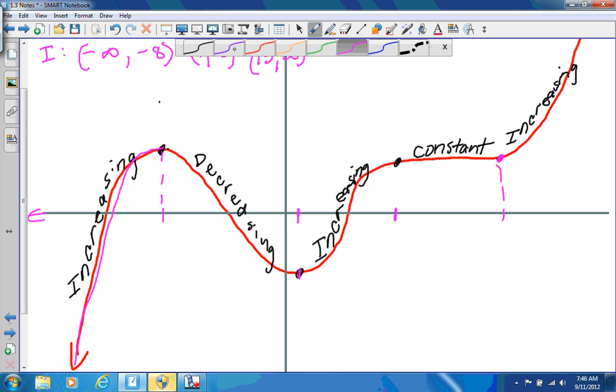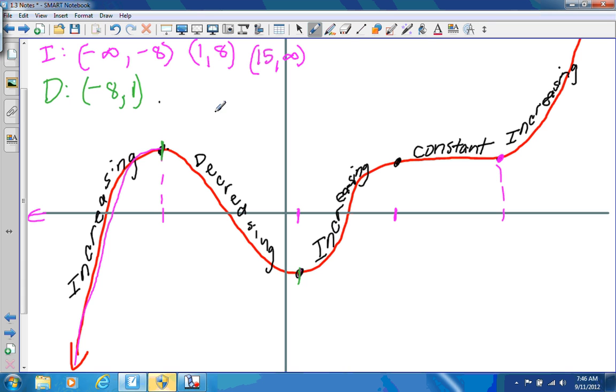Then our function is decreasing from -8 to +1. And that's the only place it's decreasing. And then finally, it is constant from +1 to +15.